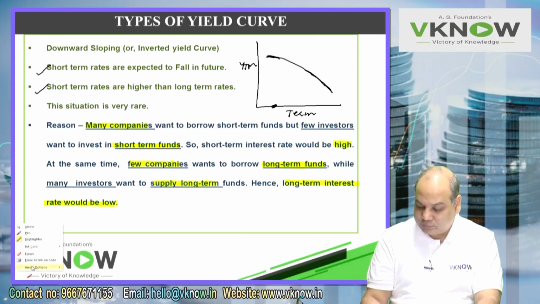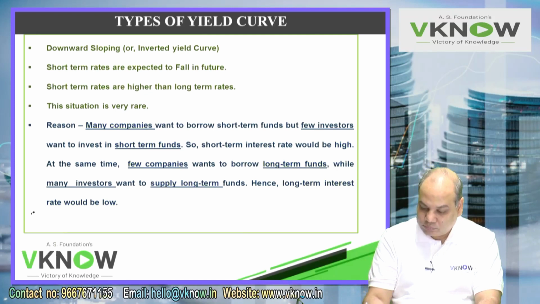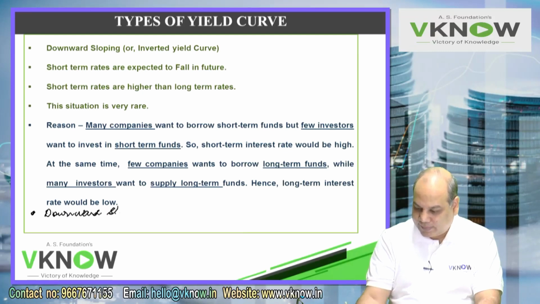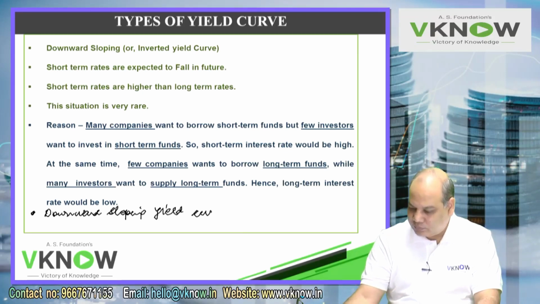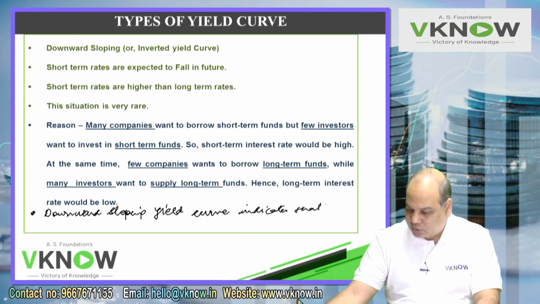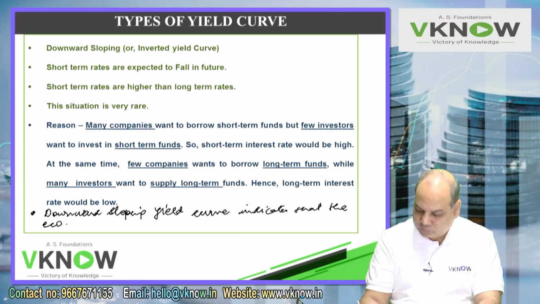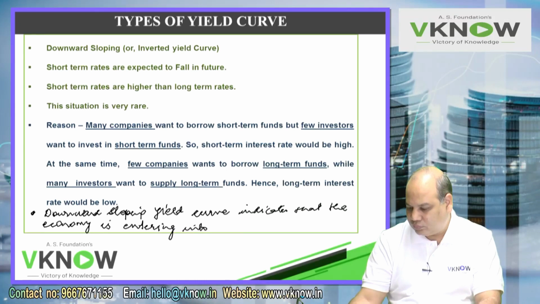So write one more line. Downward sloping yield curve indicates that the economy is entering into a recessionary phase.